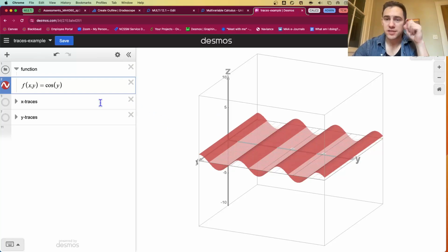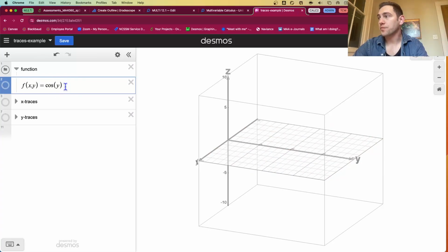We're pretty familiar with cylinders, so I want to get us away from that. Let's add some extra x dependence to this right-hand side and see how it changes the picture. So what I'm going to graph, and here I'll turn the surface off really quick, is f of x, y equals cosine of y minus x. And I want you to pause the video for just a moment and picture, what do you think this will look like?